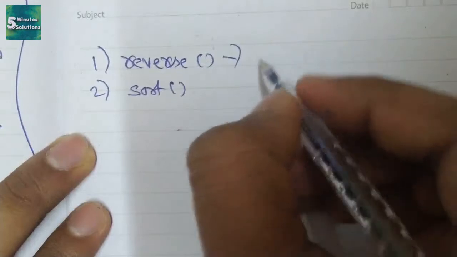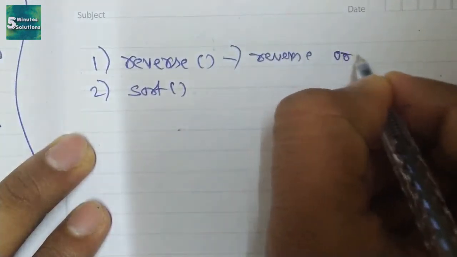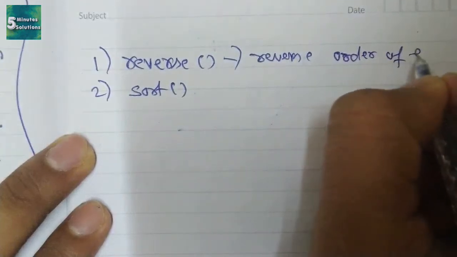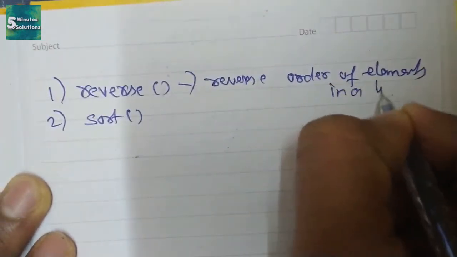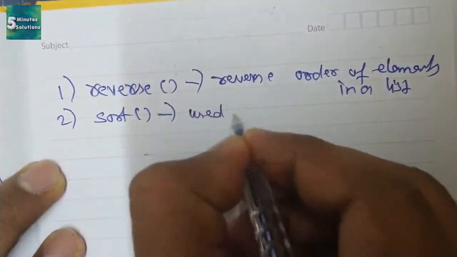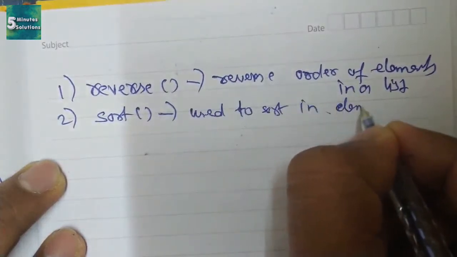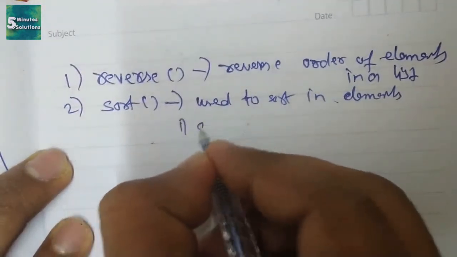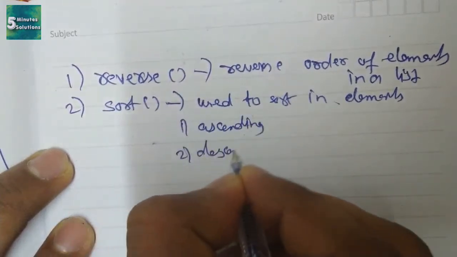The reverse function is used to reverse the order of elements in a list. And the sort function is used to sort the elements in ascending or descending order.